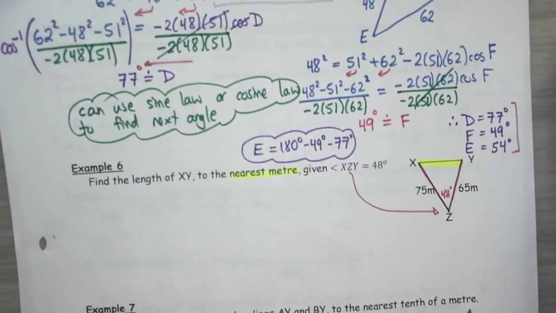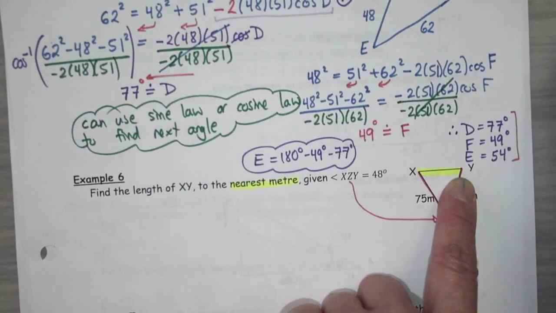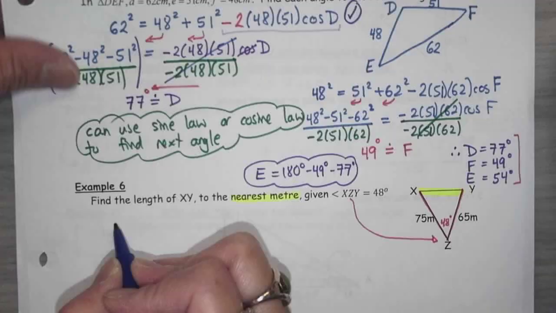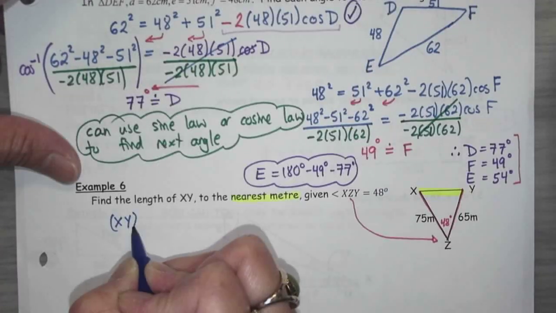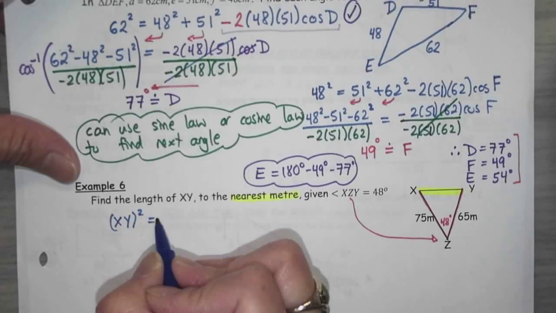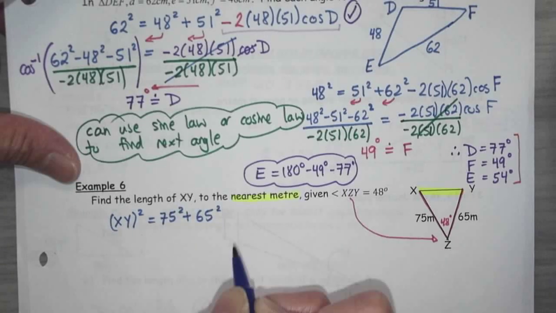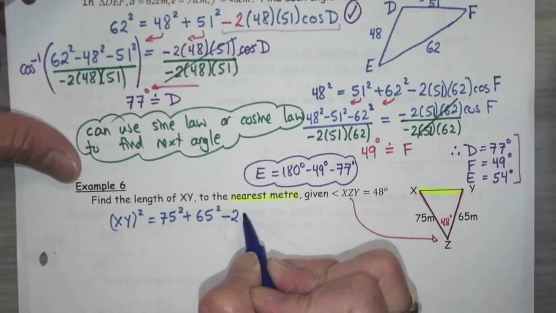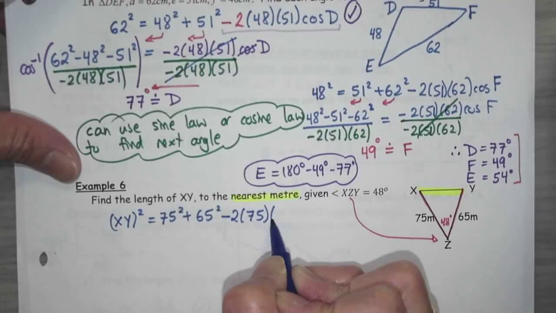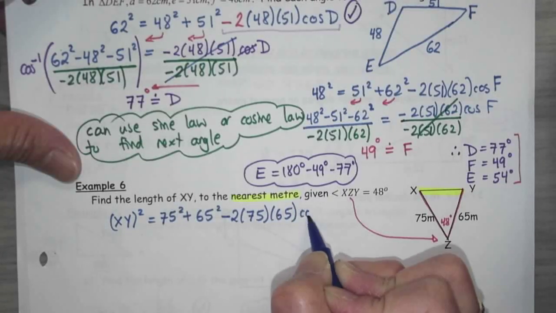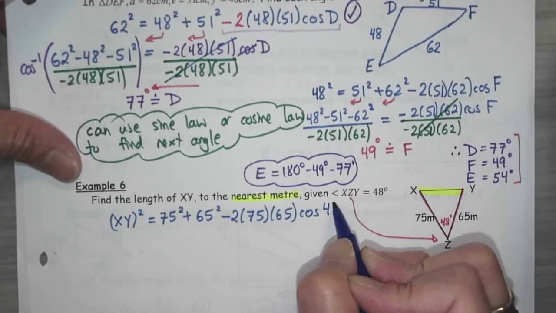Okay, so I'm going to fill this in. So the side is xy. I'll use xy. So I'm going to use xy squared equals 75 squared plus 65 squared minus 2 times 75 times 65, and it's cos of the 48.